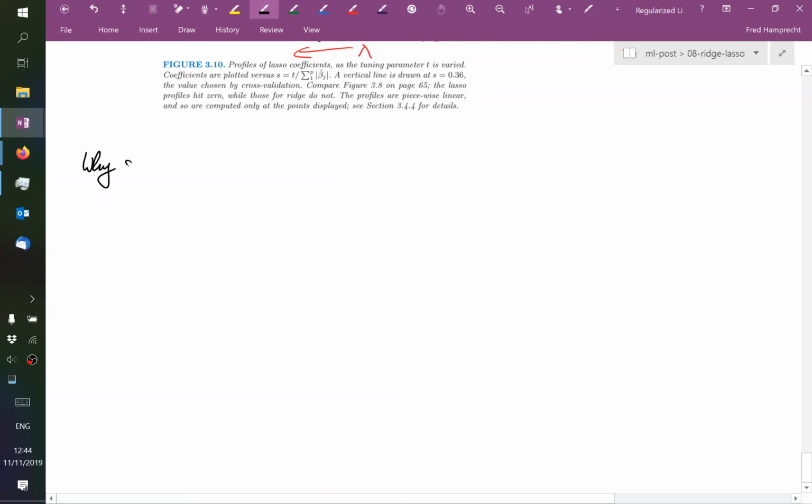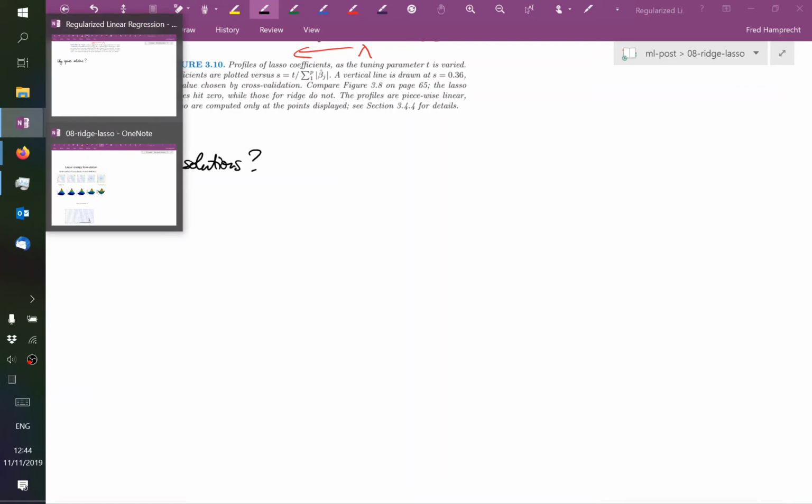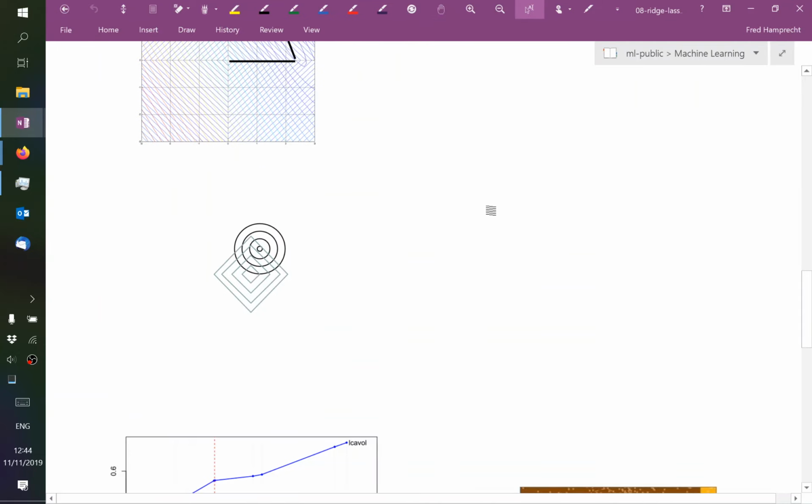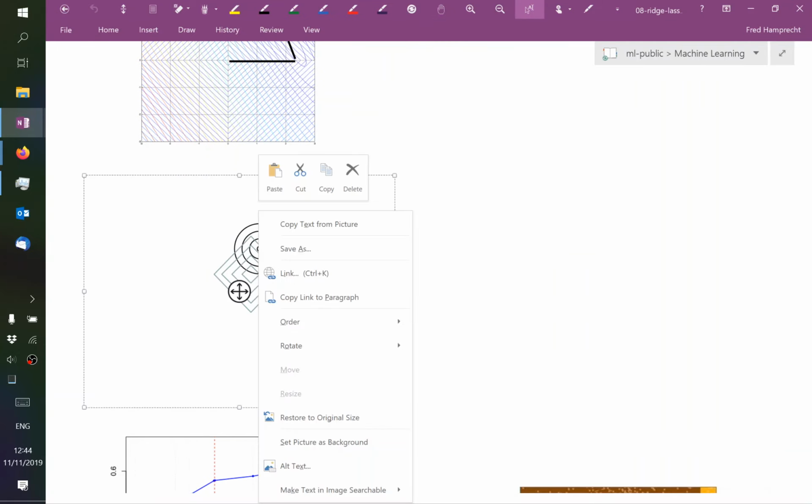So why sparse solutions? I'm now going to show you a very famous picture from this kind of literature, which is this one here.